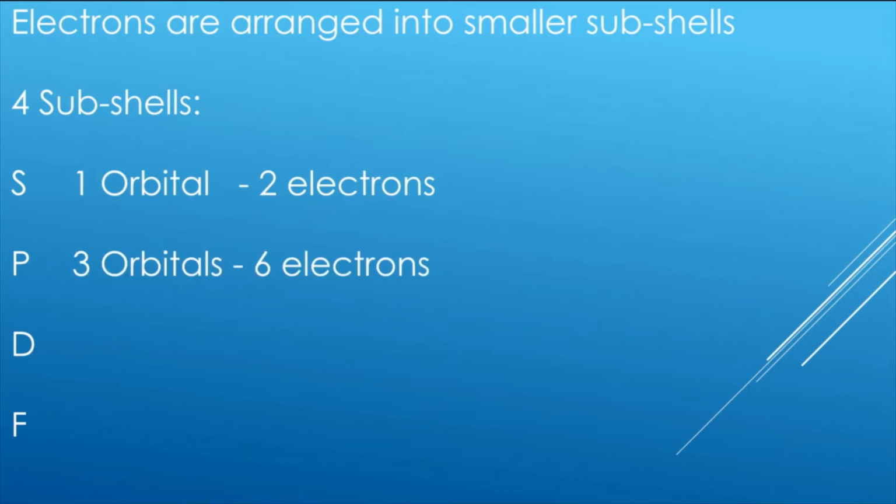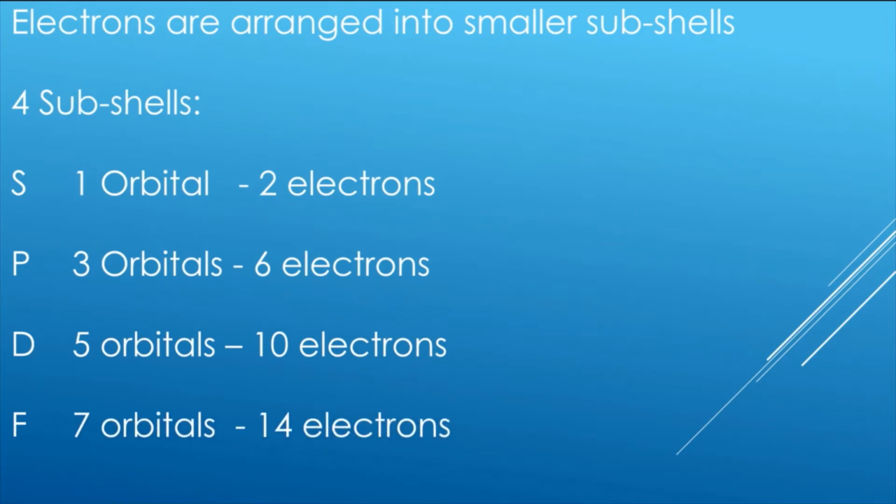P has 3 orbitals and therefore 6 electrons. D has 5 orbitals, 10 electrons, and F has 7 orbitals and 14 electrons. So as you go on, 2 orbitals and 4 electrons are added every time you move on to the next subshell.